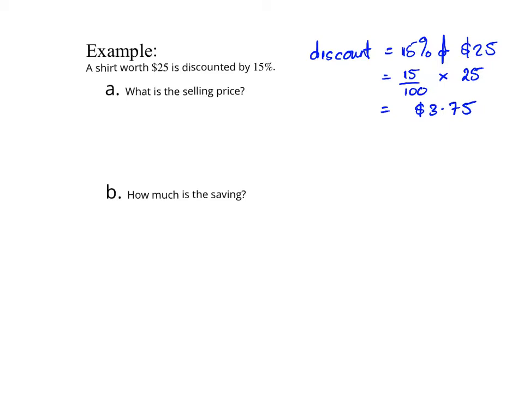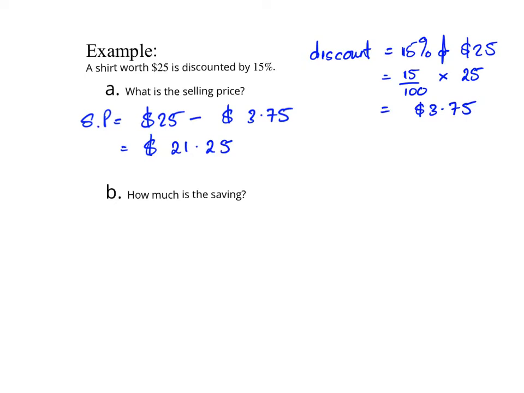So how much do you pay when you go to the cash register? What is the selling price? So the selling price is equal to whatever the original price was, which was $25, minus your discount now. And your discount you've worked out to be $3.75, which means that now your selling price is $21.25. And that's with a $3.75 discount.